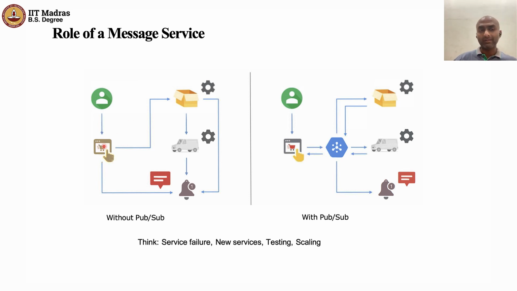Because the website itself is not doing anything on its own, if you notice, right? It's the user who's actually clicking through. So when this message comes to the packaging service to say package the shoe, if that messaging fails or if that service fails, you can't really go back to the user and say, hey, can you click again, right?